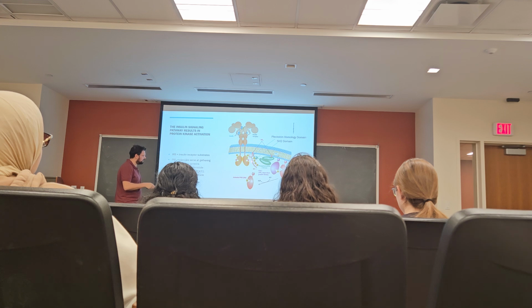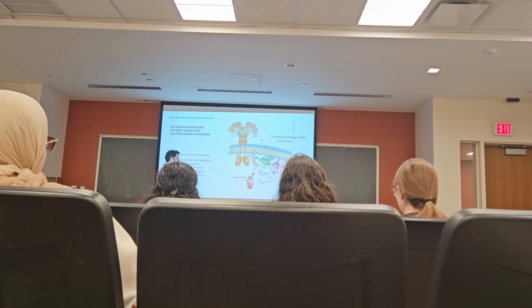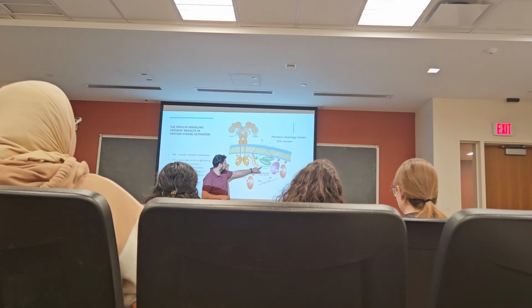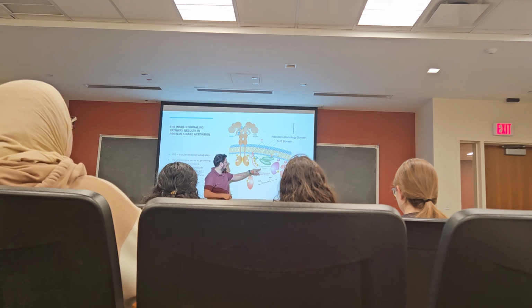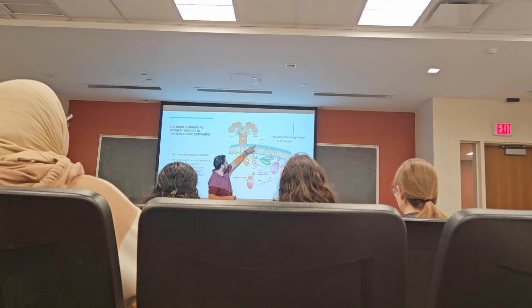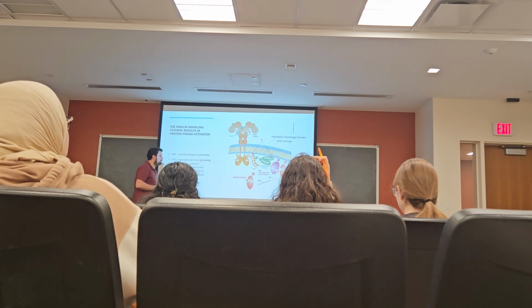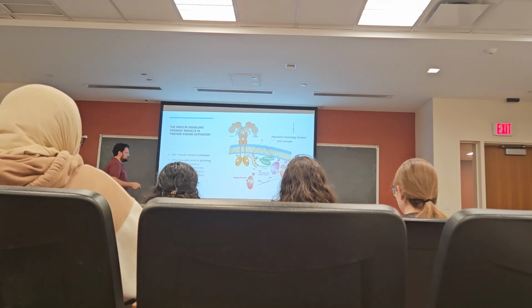Now, these phosphotyrosines on IRS1 are recognized by phosphoinositide 3-kinase. Let's look at the name. We know it's a kinase, so it's going to phosphorylate something. What it's going to phosphorylate is phosphoinositide at position 3. So we turn our PIP2 into PIP3, phosphatidylinositol 3,4,5-trisphosphate.